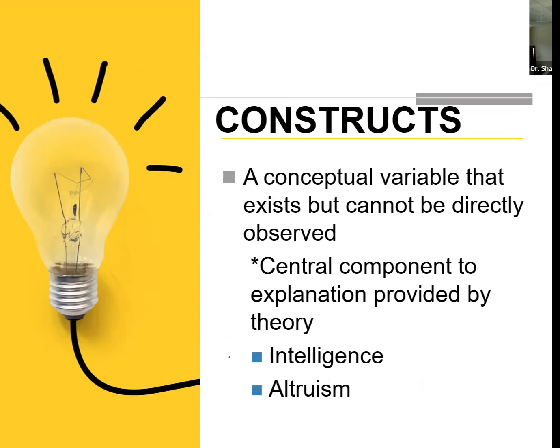We will need to define that construct just like we did love in order to be able to detect it and measure it accurately. Or altruism. What is altruism? Is it how much money a person gives to charity? Is it how much a person decides to give their time to others and charitable organizations?